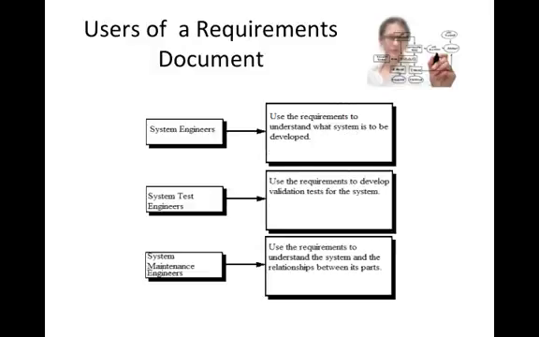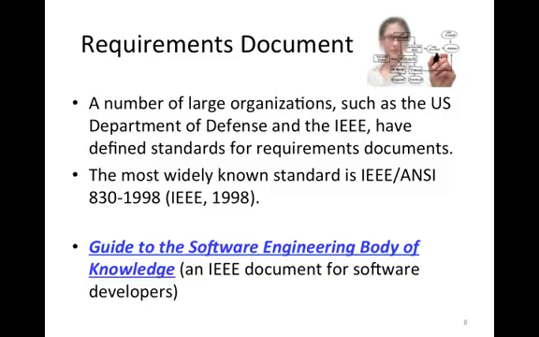We have engineers and testers and systems maintenance engineers, all of whom use this requirement for different purposes, to understand what the system is to develop, how we are going to test and validate this system, how we are going to maintain this over time. All of these people care deeply about it. So how do we develop a document that's really useful?